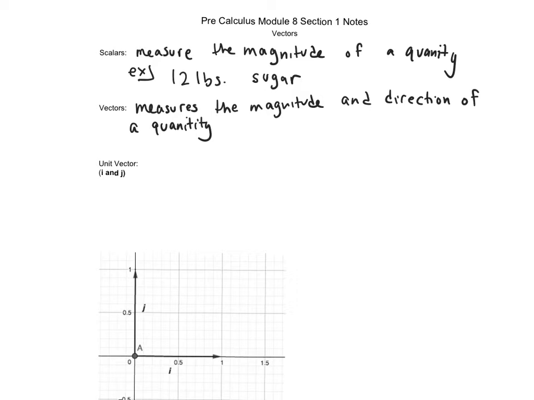So sometimes you could say something is being pulled at with 50 pounds of force. We could say 50 degrees east of north. And what that would mean is if I have an object, let's say this is my weight, someone is going to pull 50 degrees east of north.